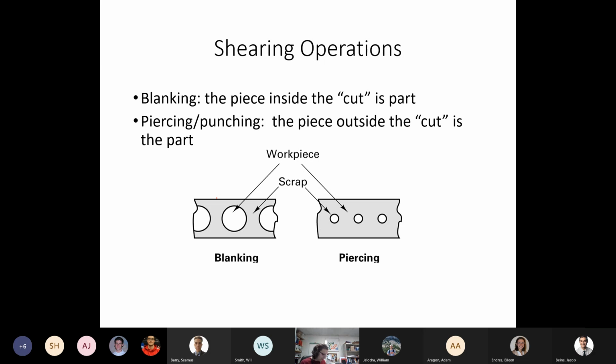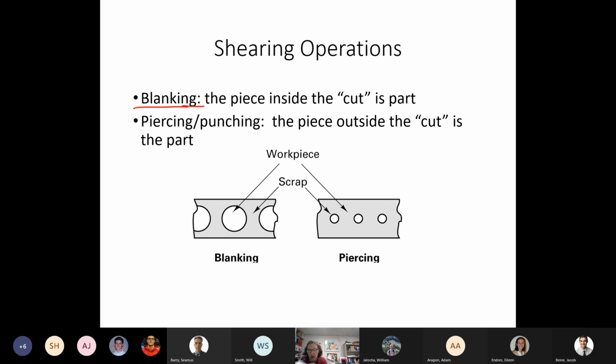So again, we're running into some terminology. There's the term blank, and blanking is fairly constant. If we say, here's a sheet metal blank, that generally means that the inside of the cut is the part.